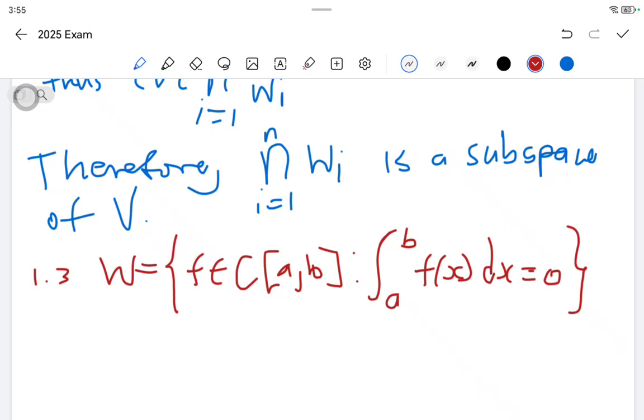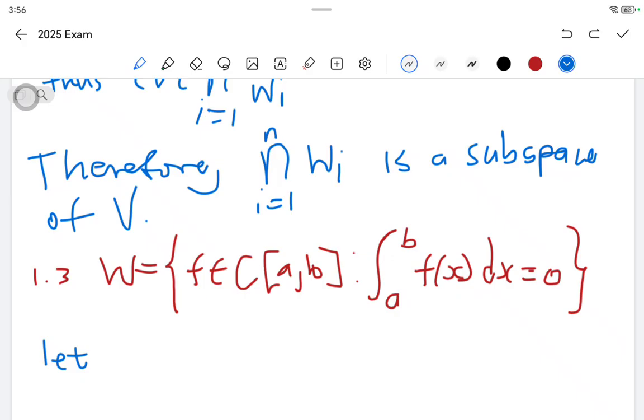So what we are going to do here, first, remember the structure here. What you do first, you pick 2 elements from this set. Since here we're dealing with integrals, we can just let f and g be elements of W, because they already tell us we're dealing with f.